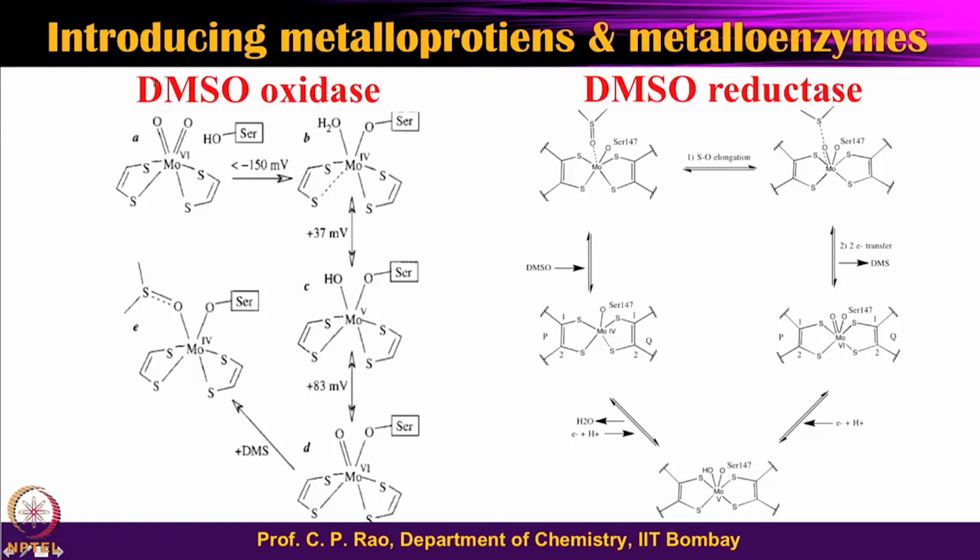So, from dioxo molybdenum 6 to serine bound, to one more electron transfer to 5, then to 6. Okay. So, finally, this is ready for binding to the DMS, because the oxidase will oxidize the substrate.